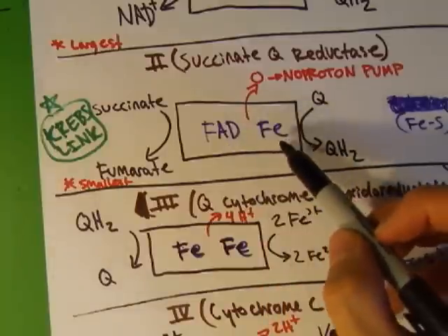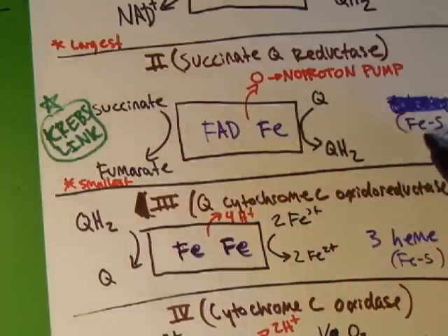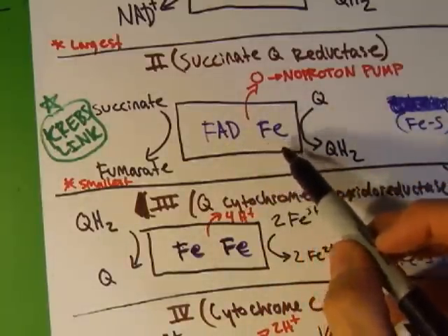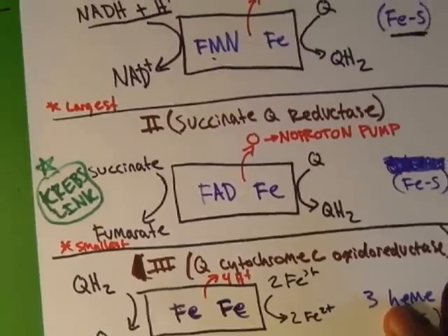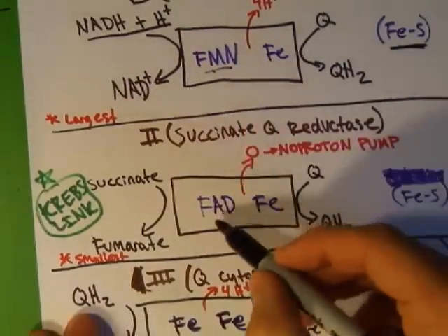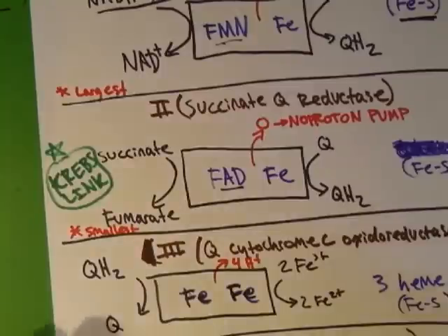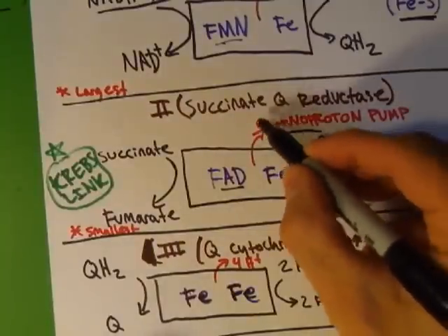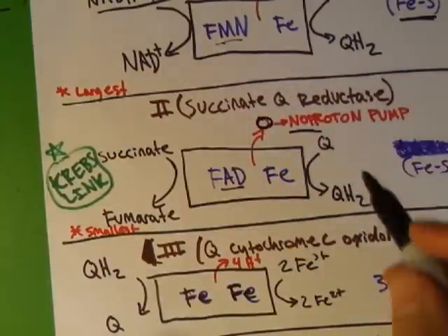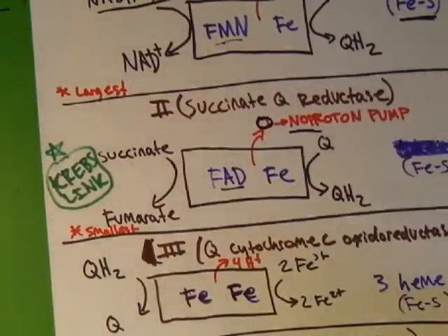So FAD and iron, remember iron sulfur, are the prosthetic groups. So you could say anytime you see this FMN or FAD that they're both riboflavin dependent. This one is not a proton pump. You get 0 protons out of it. That's going to come into play later.